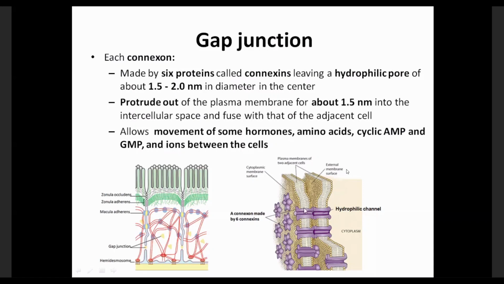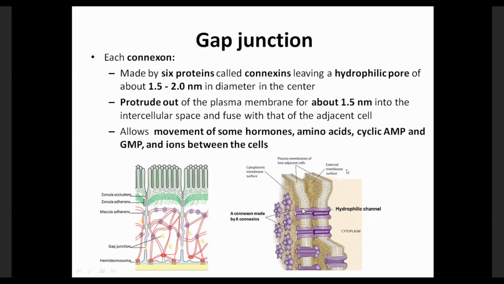Similarly, another such protein comes out of the adjacent cell to fuse in the intercellular space. Each one protrudes out about 1.5 nanometers. So these cells are separated by 2 times 1.5 nanometers. And these tubes are linked.